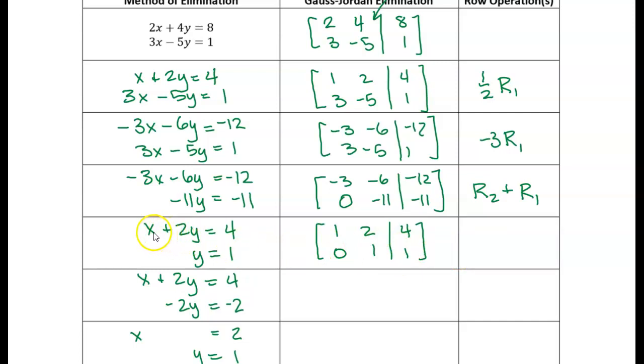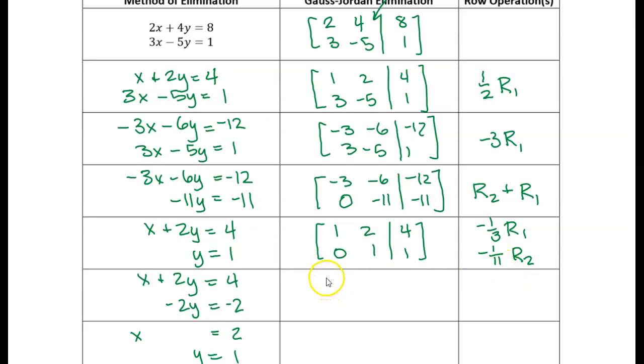And I also divided the first equation by -3, or you could think of it as multiplying by -1/3. So I actually did 2 row operations here. I took -1/3 times row 1. Okay, so I'm using R1 to designate row 1. And then I took the second row and I multiplied by -1/11. Okay, so I really did 2 row operations in that step.